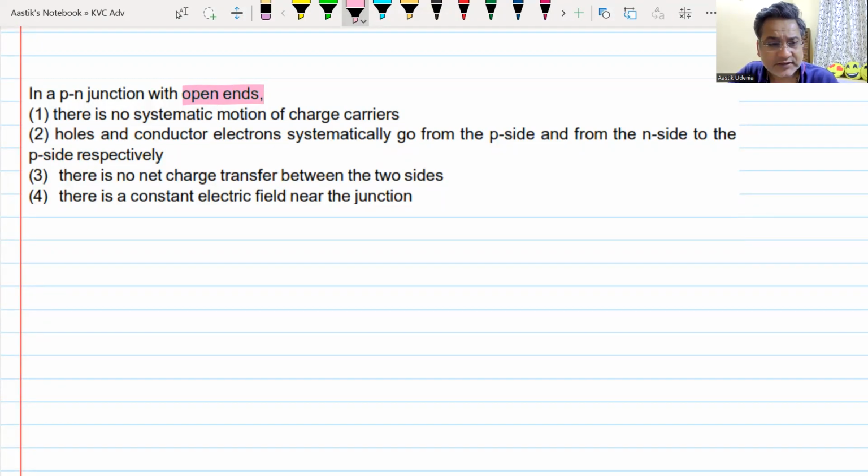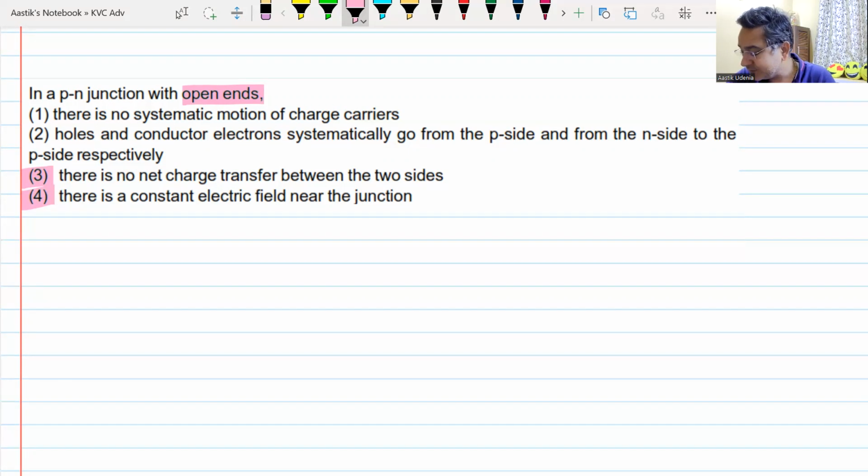So what is the correct answer? The correct options are option 3 and option 4. Once a p-n junction diode is formed, once a barrier is formed, then the electrons cannot jump from one side to the other side or holes from one side to the other side.